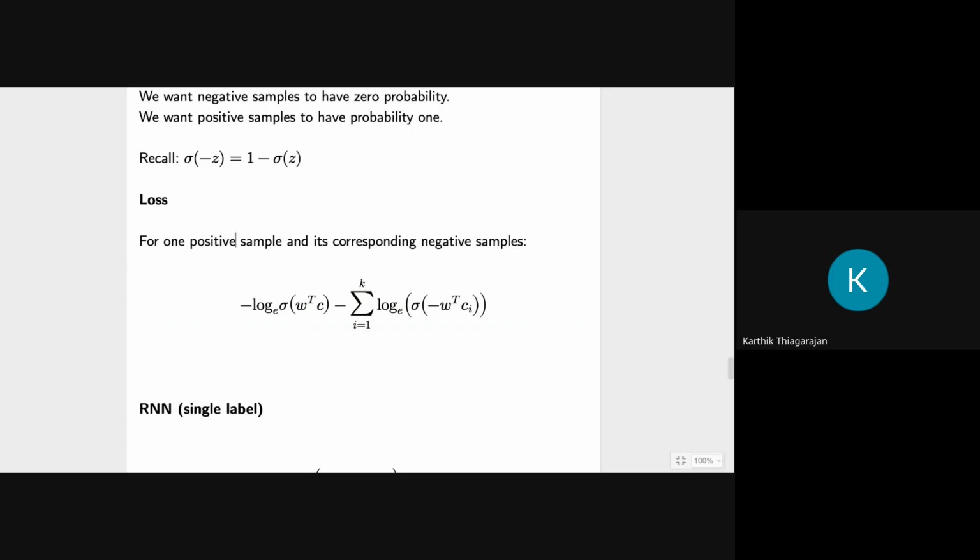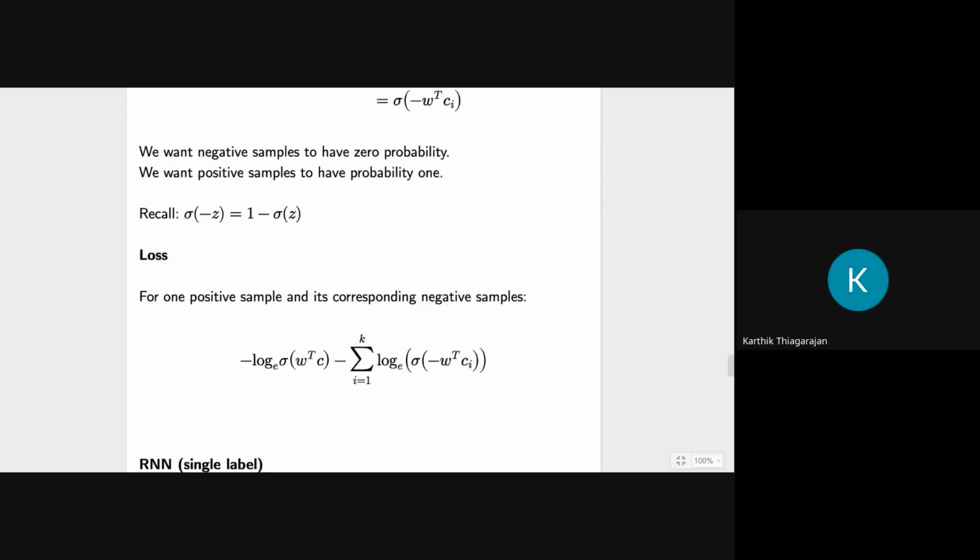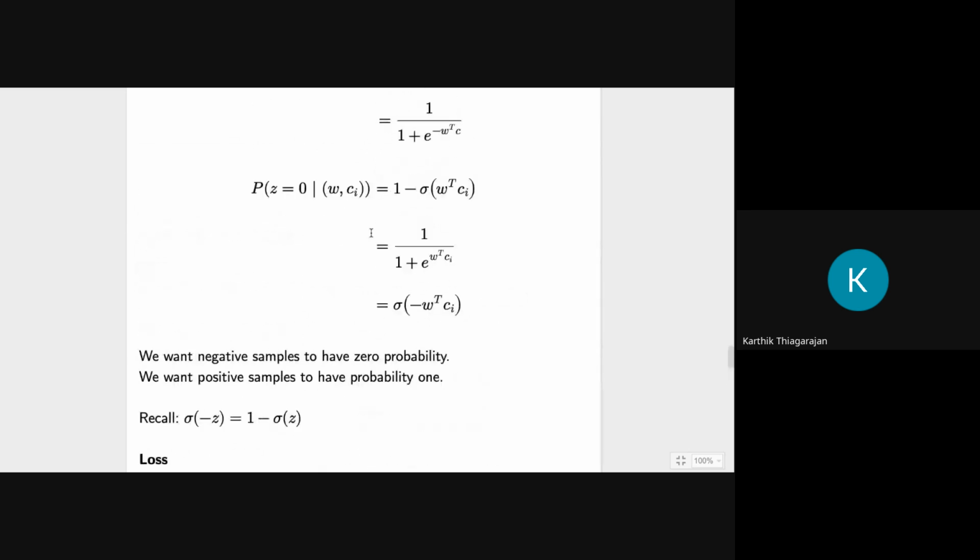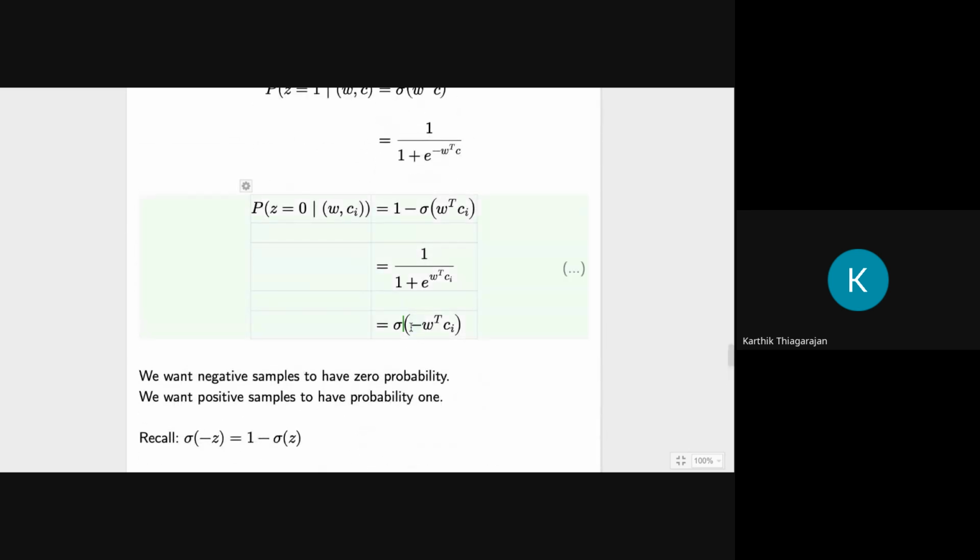Can I move on to RNNs? Yes. Sir, one very basic question. If I make a W transpose C dot product and then do the minus, it will give the same effect, no? Or I need to do the above formula? You have to do W transpose C and then multiply it by -1.